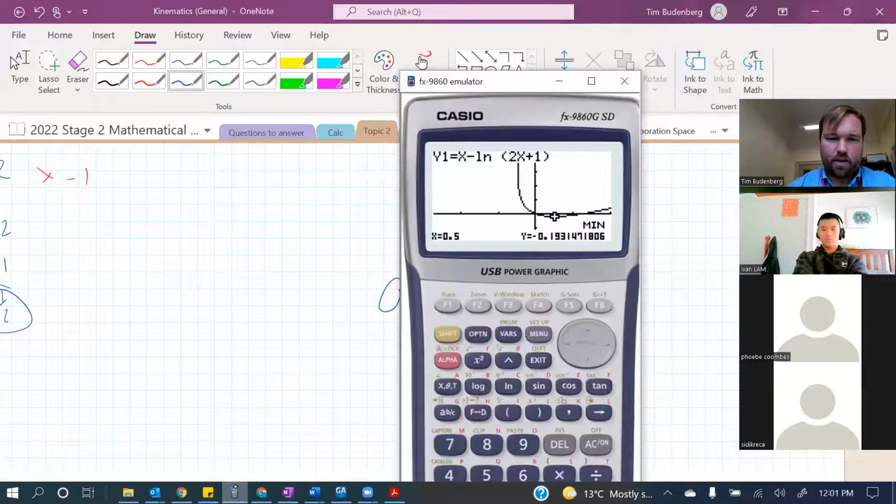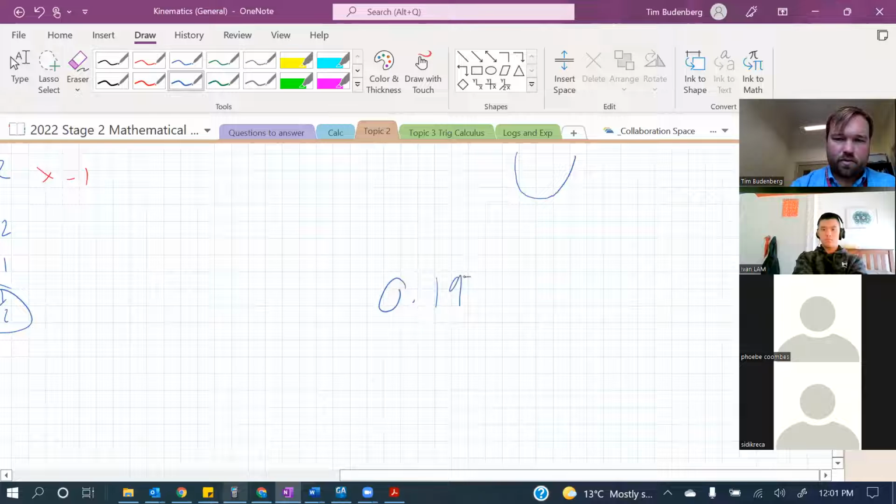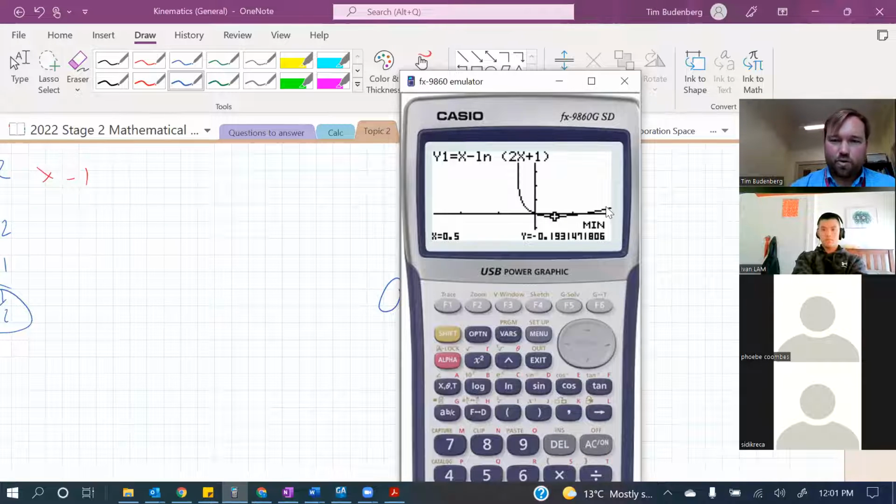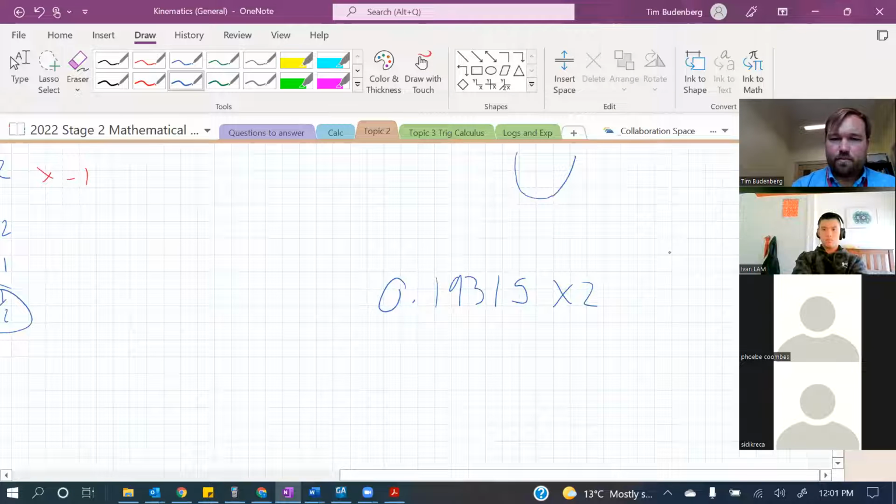Wow, my memory is bad. 0.9315, and that twice. The reason I'm doing it twice is because I know that my particle has dropped that far away to the left, then back up towards the origin, and then kept traveling to G-solve almost 0.4 to the right, so 0.93 to the right.